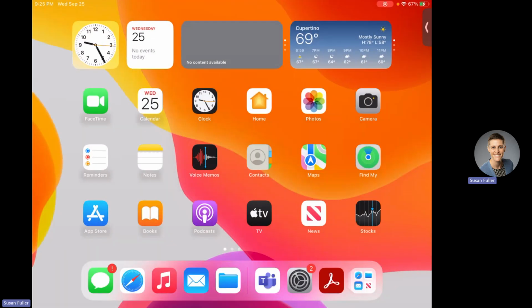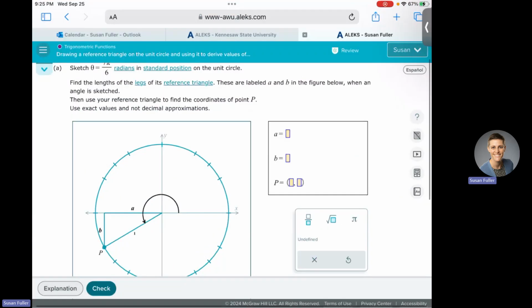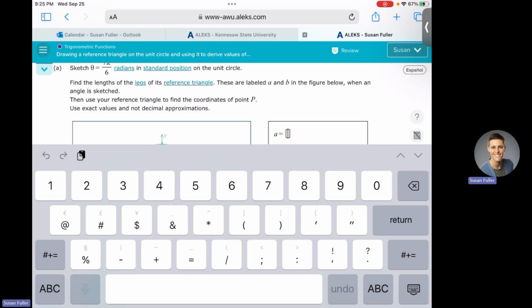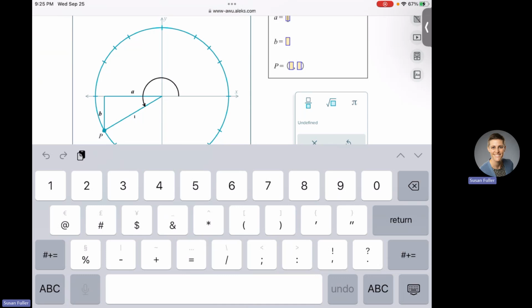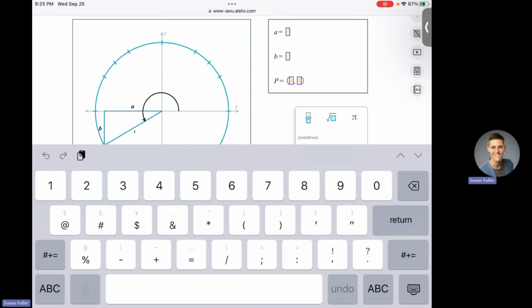And so we're going to put that into Alex. I know that A is going to have a length of root 3 over 2, and B is going to have a length of 1/2. When you're putting A and B in here, A and B are the lengths, so they want them to be positive. Even though in our ordered pair they're both going to be negative, that goes in our ordered pair P, but A and B are both going to be positive.